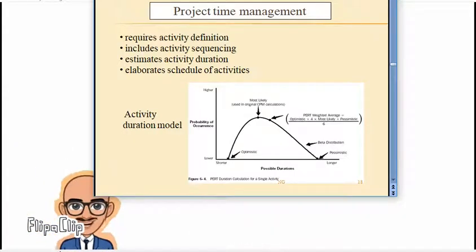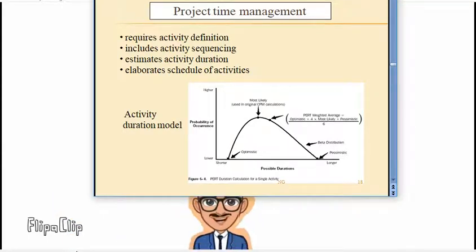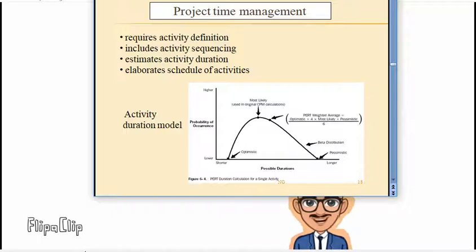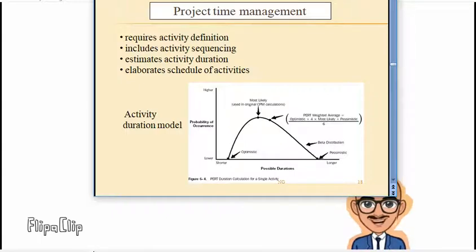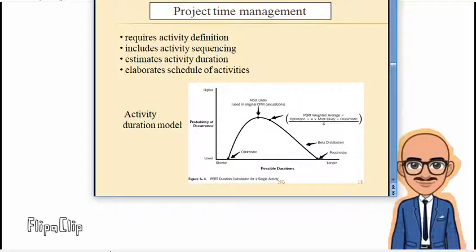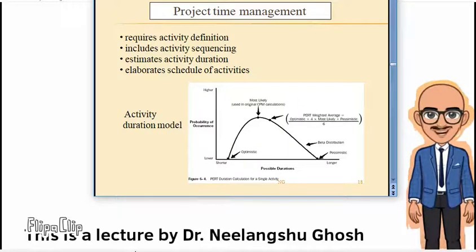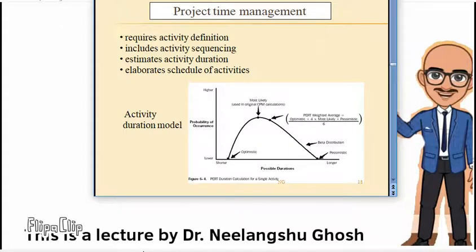And then you need to estimate the activity duration, how much time is required to complete a particular activity. And then elaborate schedule activities, how the activities are related to each other, and how sequentially all the activities can be clubbed in such a way that there will be a graphical way of representation.